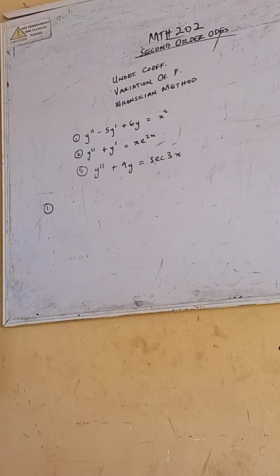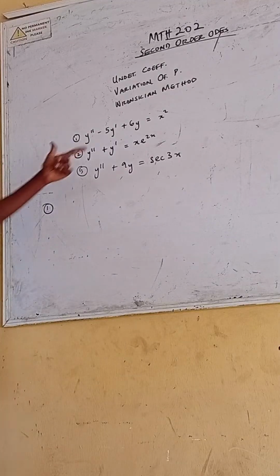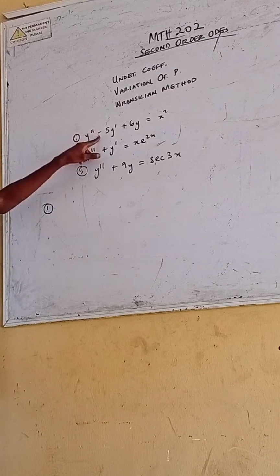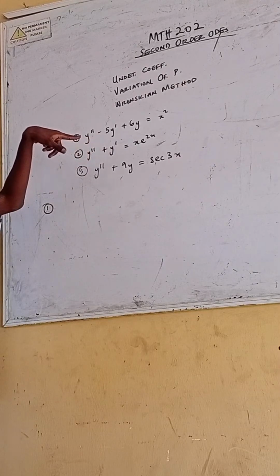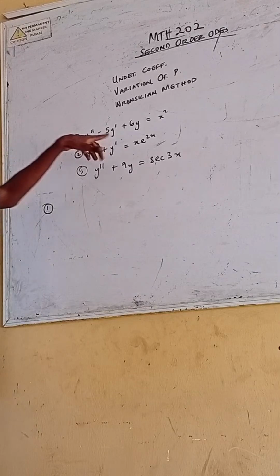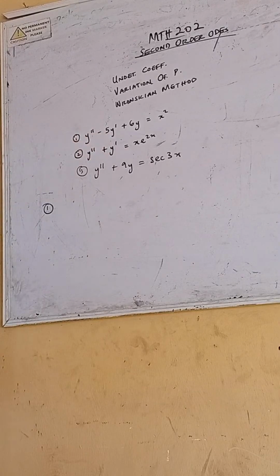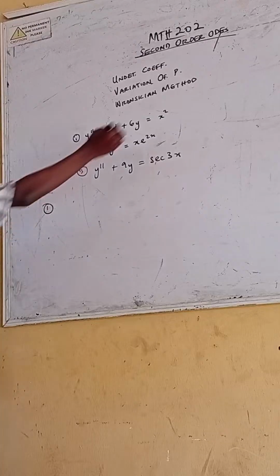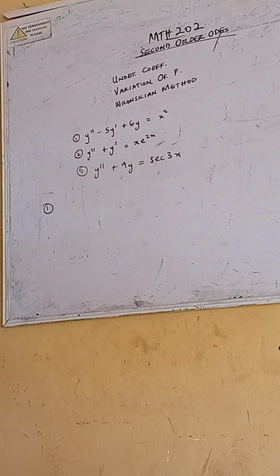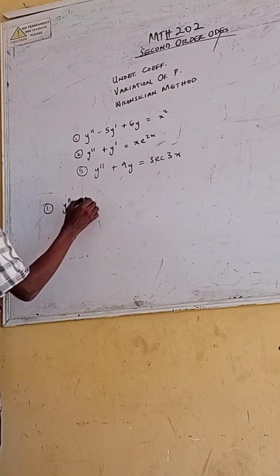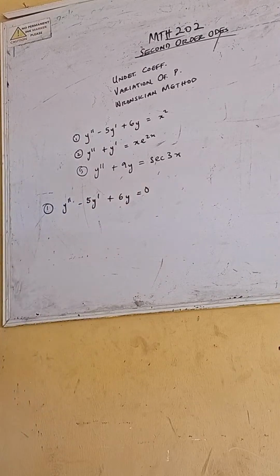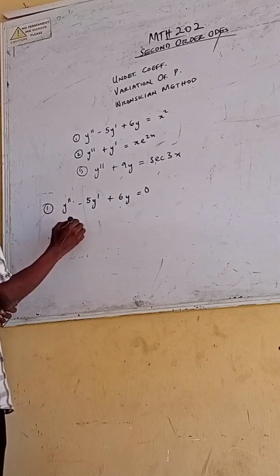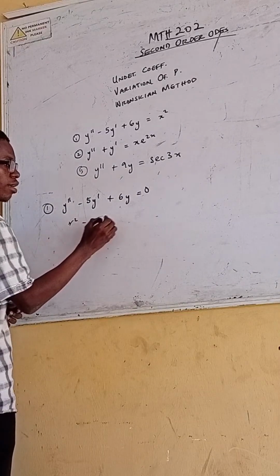So whenever we have a non-homogeneous ODE, the first thing to do is what? Find the complementary solution, the solution of the homogeneous part. So let's do that. We equate it to 0 and say y double prime minus 5y prime plus 6y equals 0. r squared minus 5r plus 6.